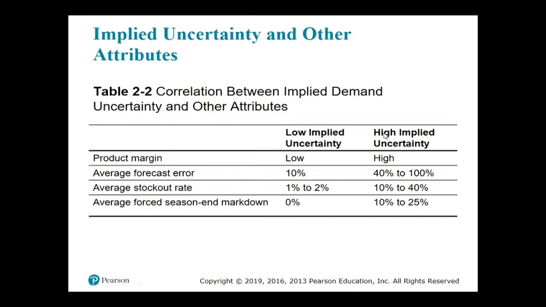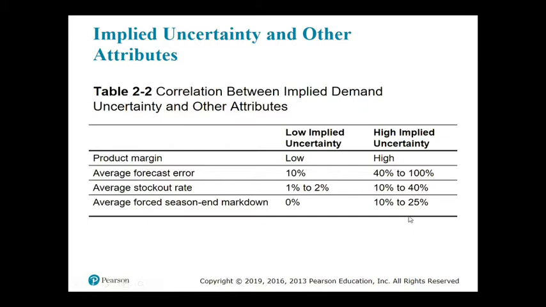And because the uncertainty is low, that generally implies we would be able to forecast the demand relatively accurately. And because uncertainty is low, we're able to match supply with demand more accurately, which means one, we will have fewer stockouts, and the other, we will have less leftover inventory at the end of the season. So you'll see fewer season-end markdowns for low implied uncertainty products.